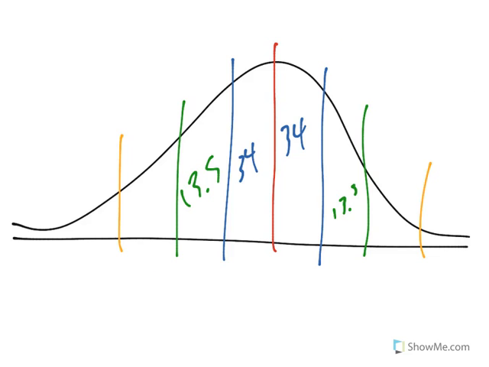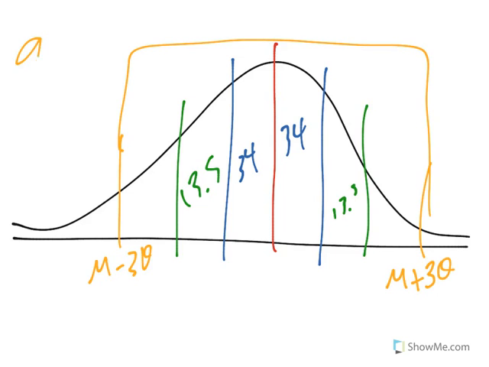Well, now we talk about 3 standard deviations. So in orange, I've got 3 going to the right, and 3 going to the left. Oh, that should be a subtraction sign. We know that this orange box is 99.7% of our data. If you look inside, we've got the green box, and remember the green box was 95%.